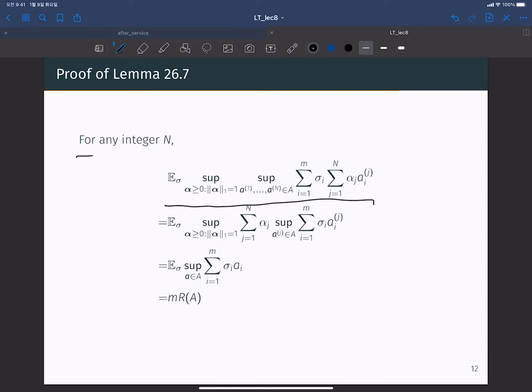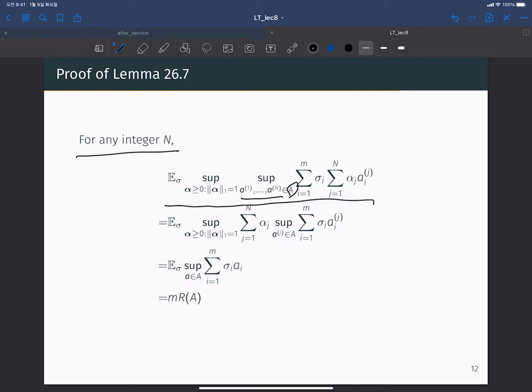For any integer n, let's consider an n-combination of original data points A, which means let's pick n points from the original set A and then consider every possible linear combination.